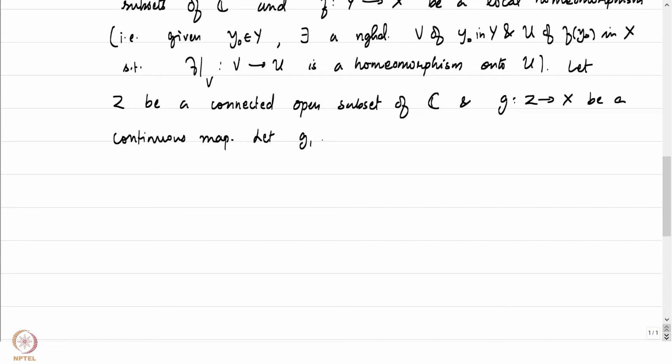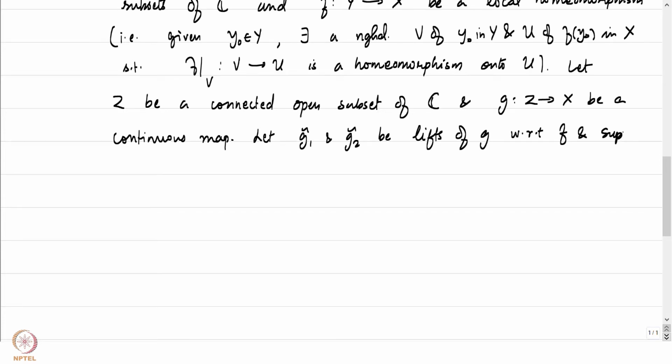Let g1 tilde and g2 tilde be lifts of g with respect to f. What does that mean? It means that f composed with g1 tilde is equal to g, and f composed with g2 tilde is also equal to g. So we have two lifts of g with respect to f.